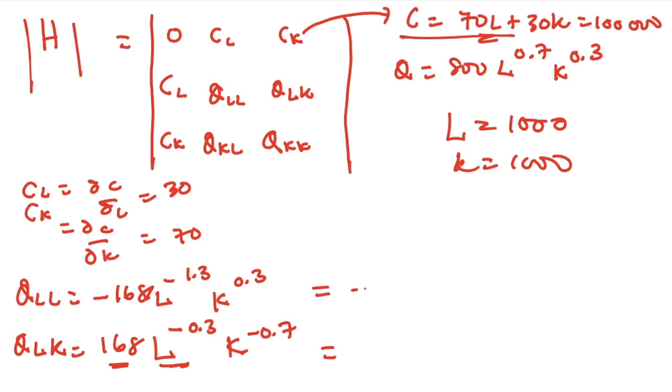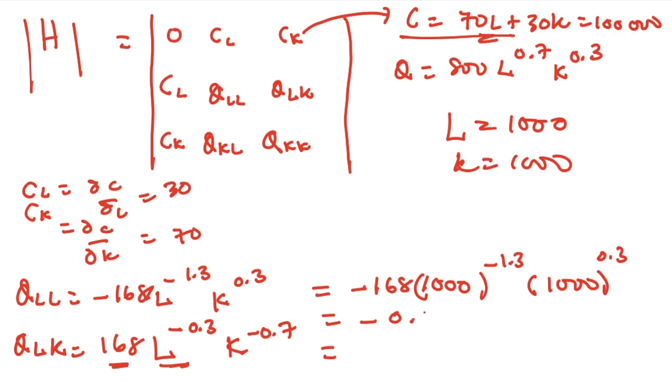So minus 168, 1000 to the power of minus 1.3 times K, which is also 1000, to the power of 0.3. Then you can solve it. When you solve it, you're going to get minus 0.168.